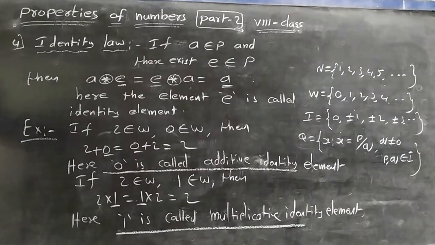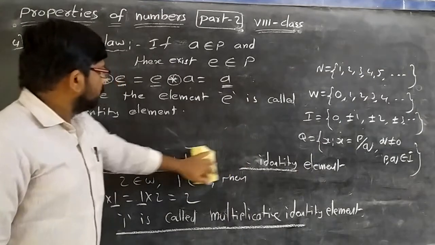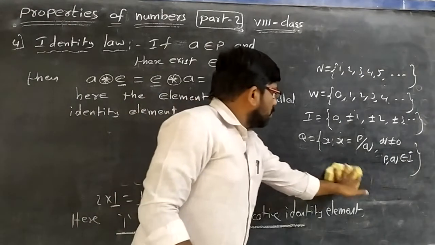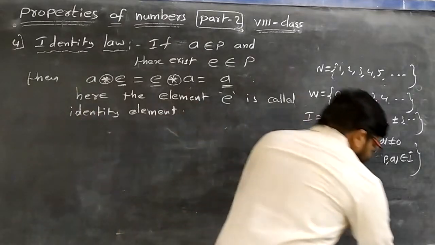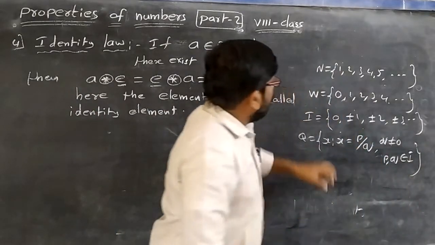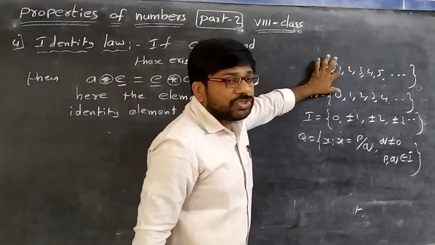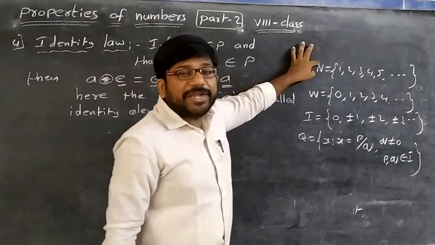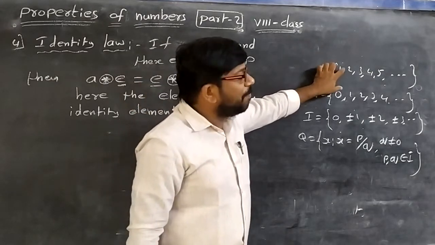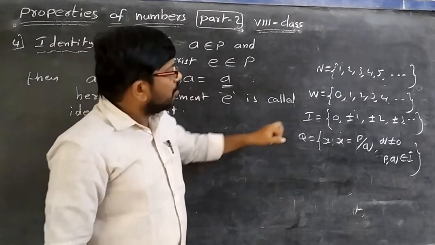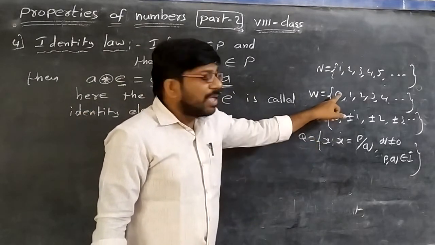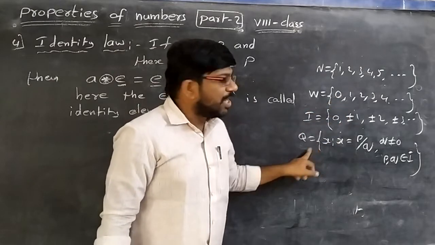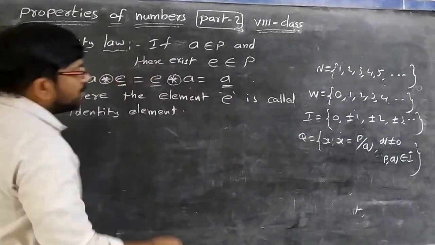So finally we conclude that N only, there is no zero. So N only satisfies the identity law under multiplication, but not in addition. But the remaining W, I, Q have 0 and 1, 0 also being a rational number, right?